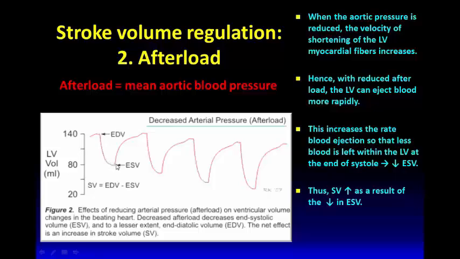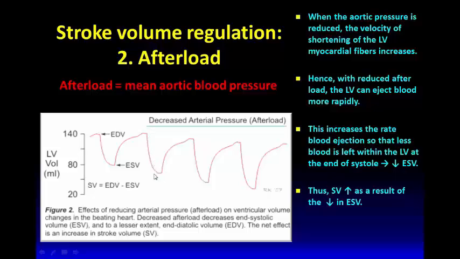So as you can see from this figure, as the afterload of the left ventricle decreases, the amount of blood which remains by the end of systole decreases, and the amount which is ejected increases.